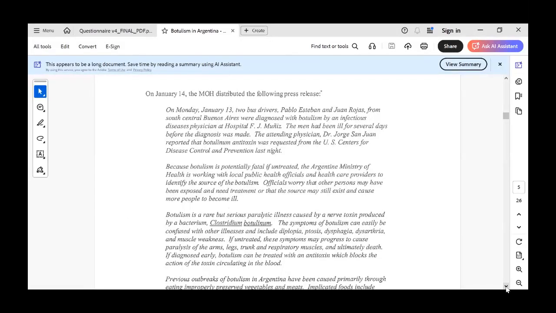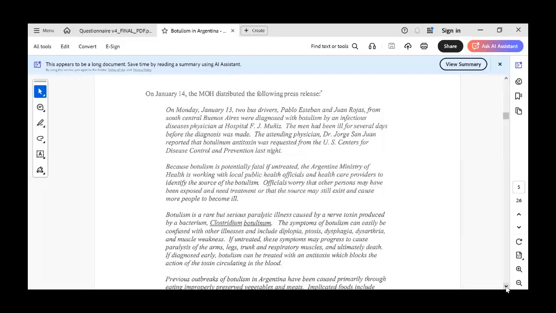Botulism is a rare but serious paralytic illness caused by a nerve toxin produced by a bacterium, Clostridium botulinum. The symptoms can be easily confused with other illnesses and include diplopia, ptosis, dysphagia, dysarthria, and muscle weakness. If untreated, these symptoms may progress to cause paralysis of the arms, legs, trunk, and respiratory muscles, and ultimately death.